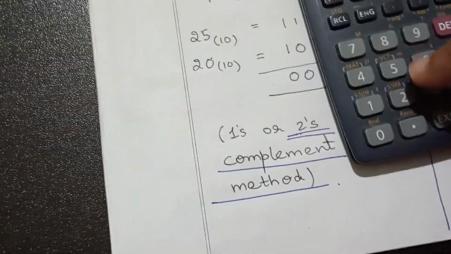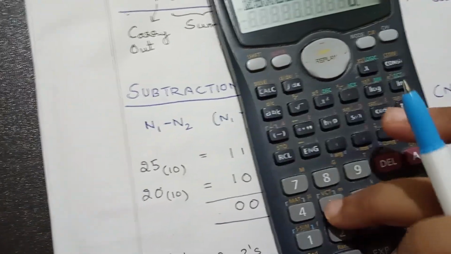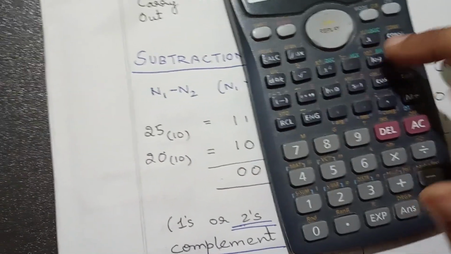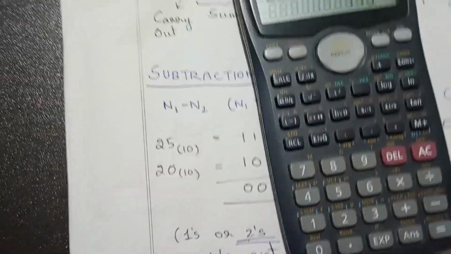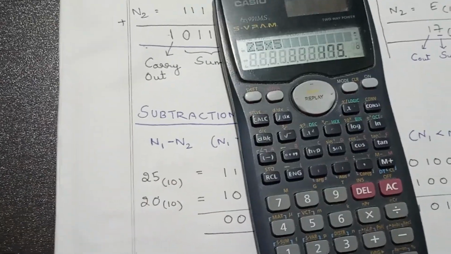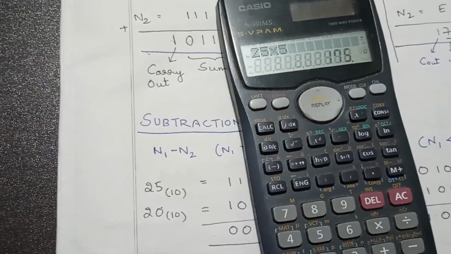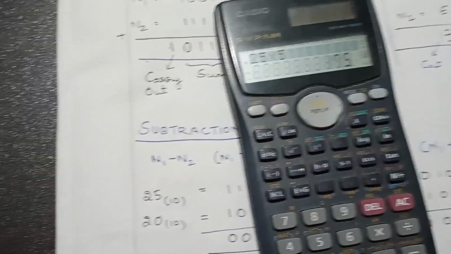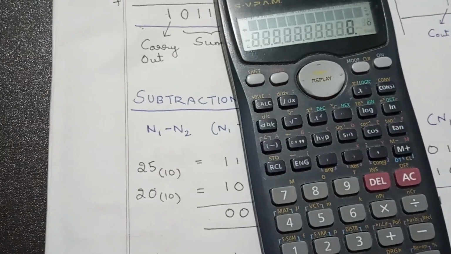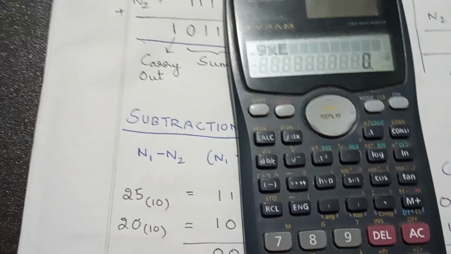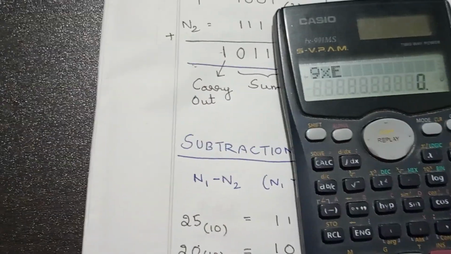Similarly, if you want to multiply, say 25 into 5 in decimal is 125, and you can do the same thing in hexadecimal, and find its equivalent in octal. These also come under arithmetic. Arithmetic means addition, subtraction, multiplication, all those. You can do all those also. For example, I want to multiply 9 with e. So 9 into, it is shift e and not alpha e, shift e, to be hexadecimal.